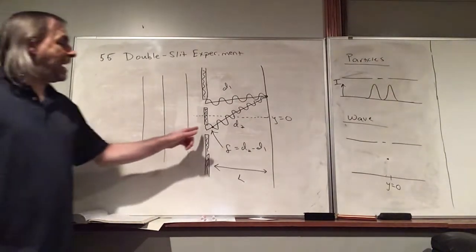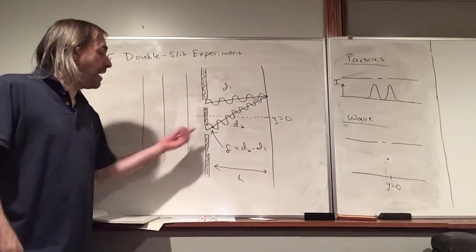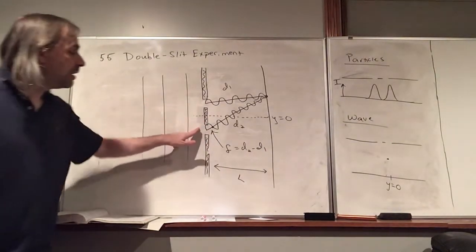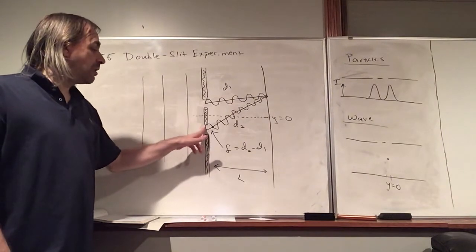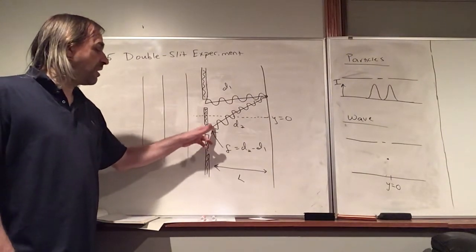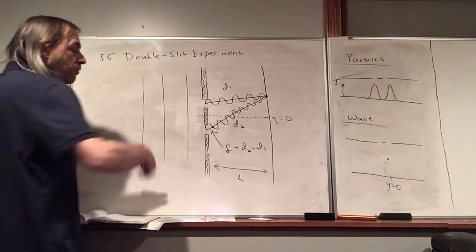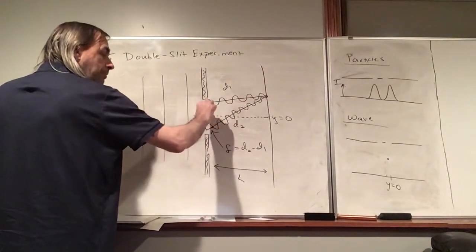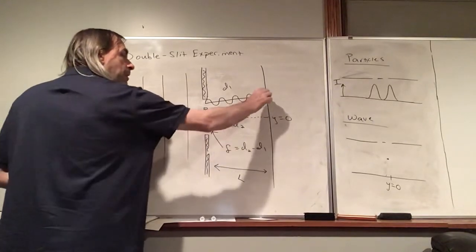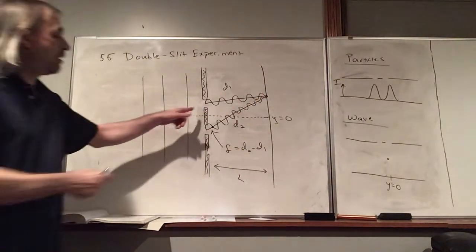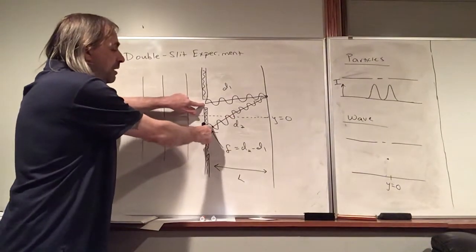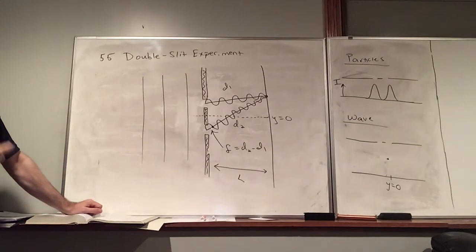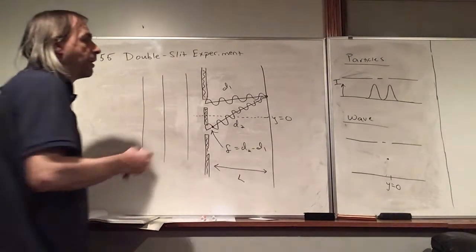If delta is half a wavelength, these two start out in phase, and after this one travels that extra half a wavelength, so from this point to here, this is equal to d1, then they're exactly out of phase at this point, and they travel the same distance, and so they'll be out of phase at that point as well. And that is destructive interference.